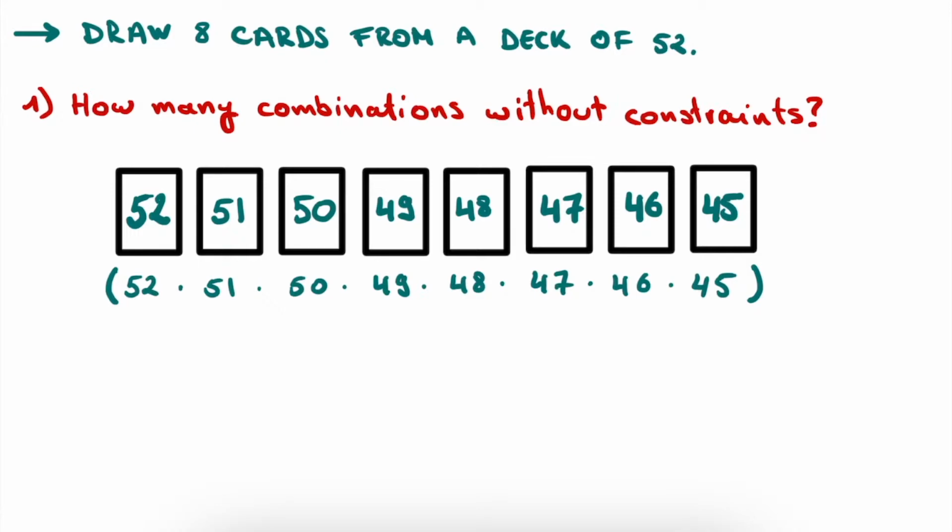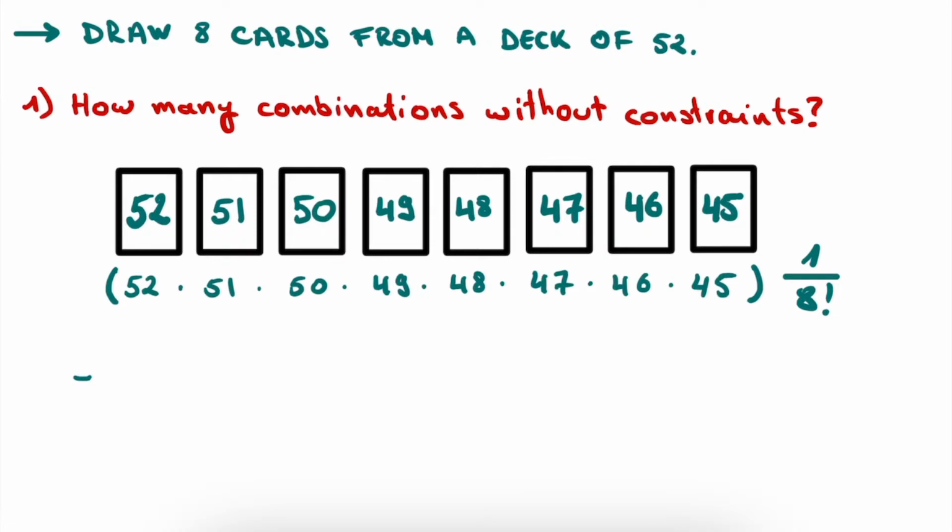At this point, we need to take into account that the order of these 8 cards does not matter. The only thing that matters is that we have exactly these 8 cards in our hand. To take this into account, we need to divide this multiplication of all of these numbers by the number of ways in which we can shuffle around 8 cards. And this is exactly 8 factorial.